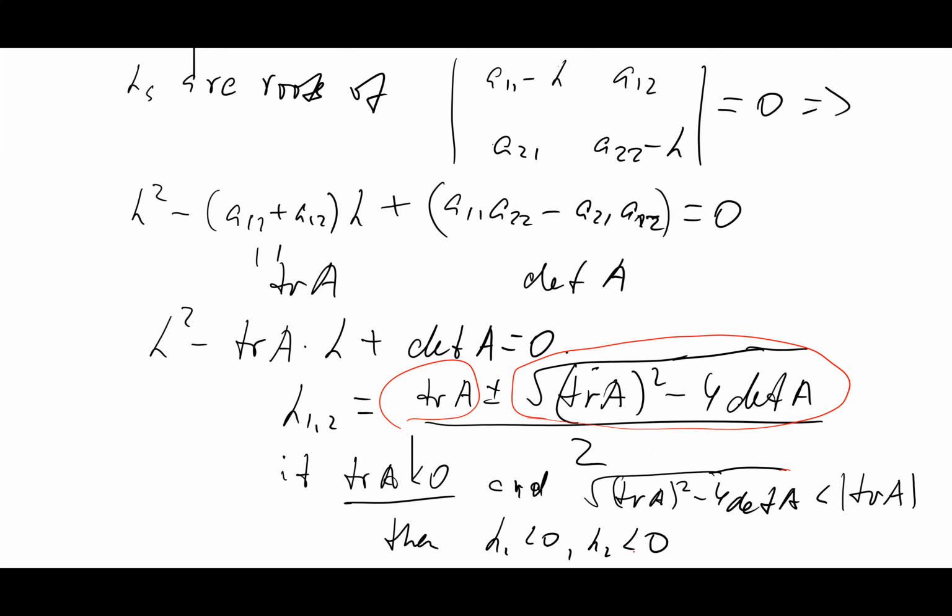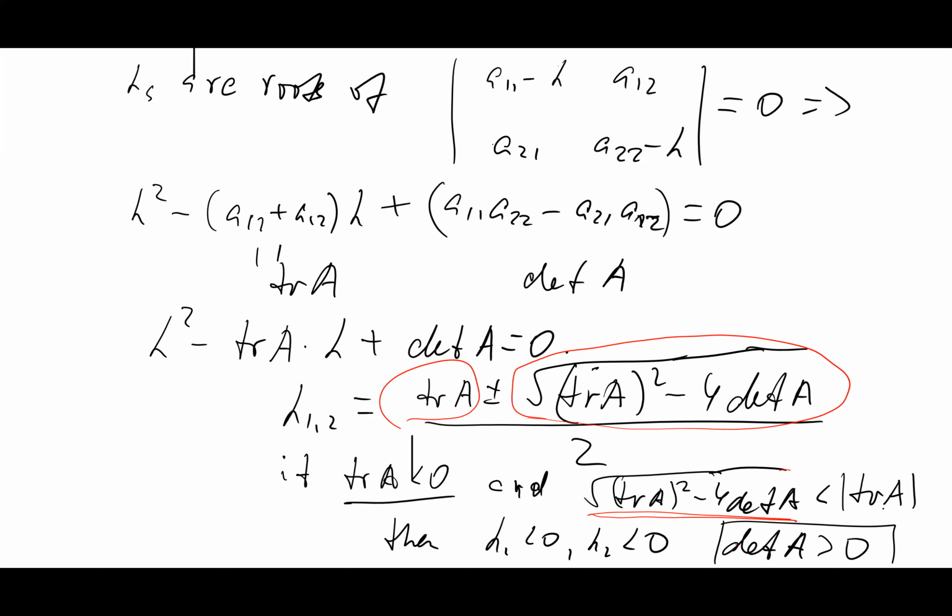And what does it mean? This being less than trace of A means the determinant of A is positive. So if the determinant of A is positive, and we subtract something from trace squared A, then when we take the square root, it will be smaller by absolute value than trace A.